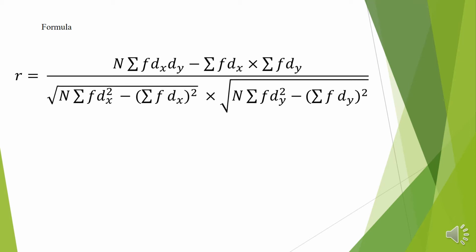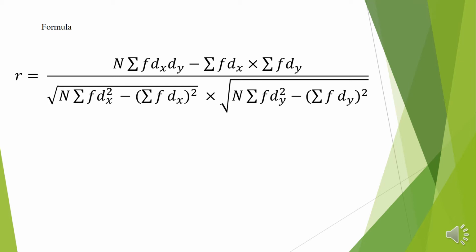N into summation f dx dy minus summation f dx into summation f dy, whole divided by square root of n into summation f dx square minus summation f dx whole square, into square root of n into summation f dy square minus summation f dy whole square.